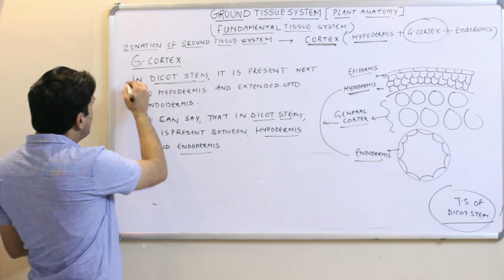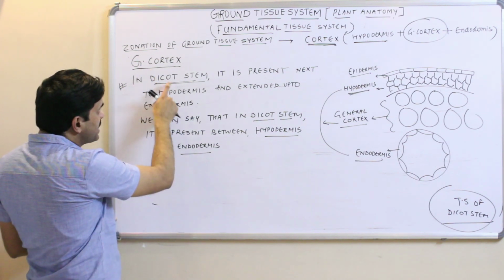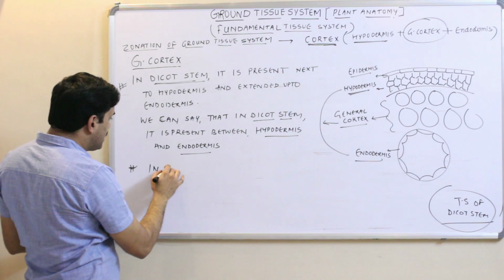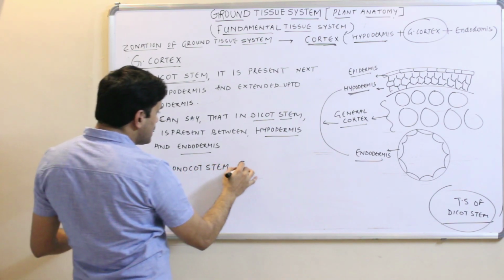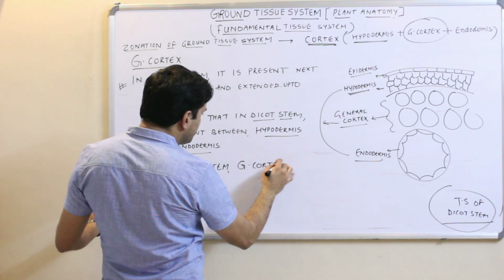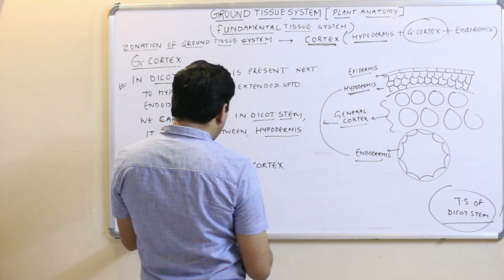Now let's talk about where the general cortex is found in monocot stem.